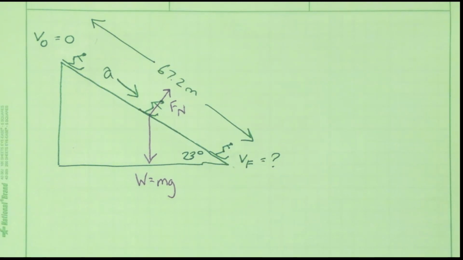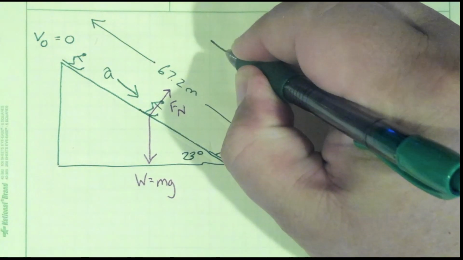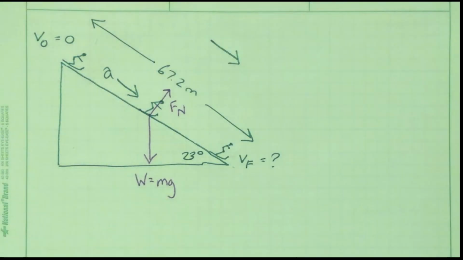To avoid that extra work, we can redefine our coordinate system, because the only real requirement in the Cartesian coordinate system is that X and Y make a 90-degree angle. That's the only requirement. So X does not have to be horizontal. The positive X direction could be down the slope.